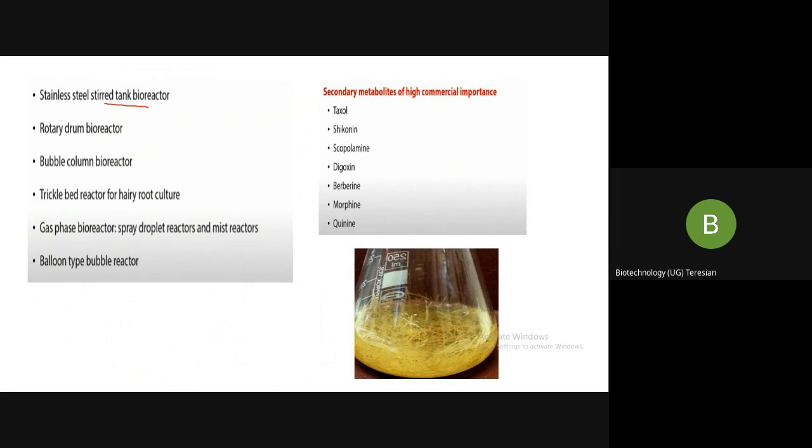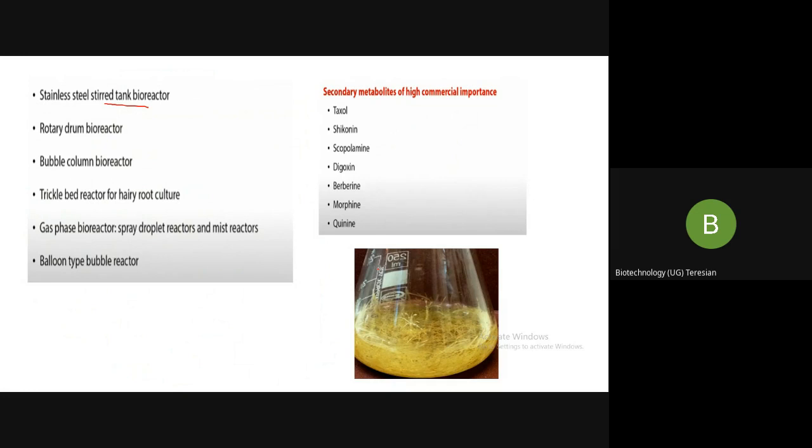When you're taking your tablets, when you're adding flavors or enhancers, when you're preparing sweets and all, look, all these are produced by your secondary metabolites process. So first you produce your biomass, second you produce your secondary metabolites. And I have taken the example of plants.